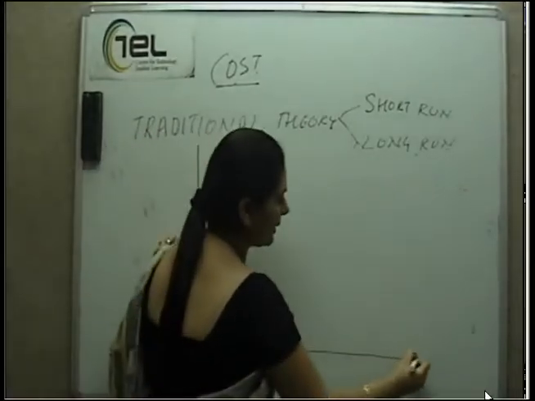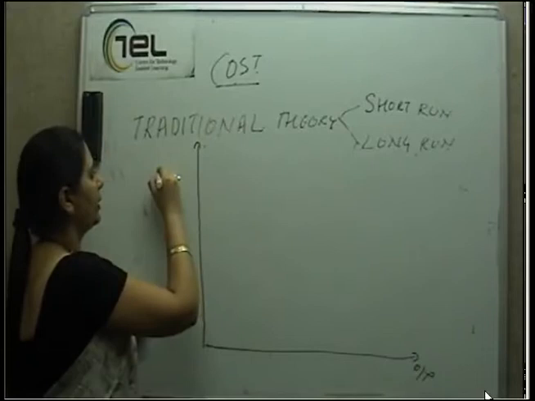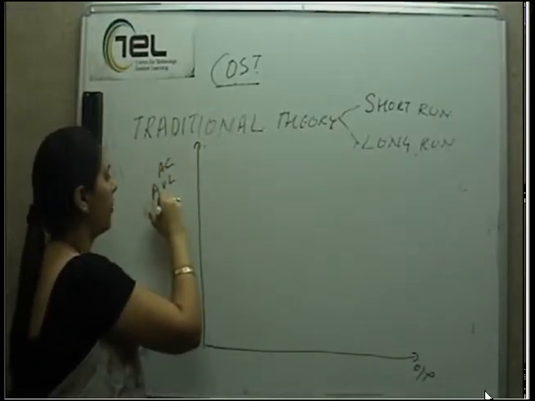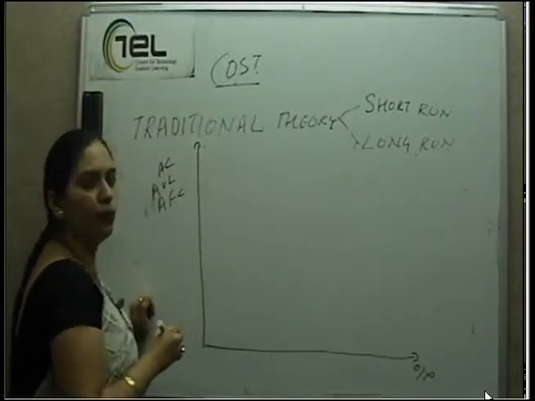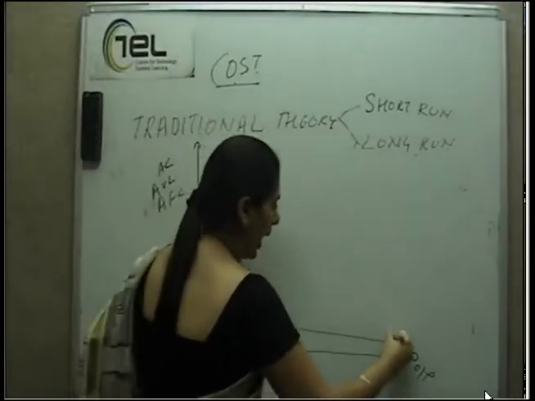My x-axis would again reflect the level of output, and my y-axis will have average cost, average variable cost, and average fixed cost. Let me start with average fixed cost, which I mentioned is a rectangular hyperbola.